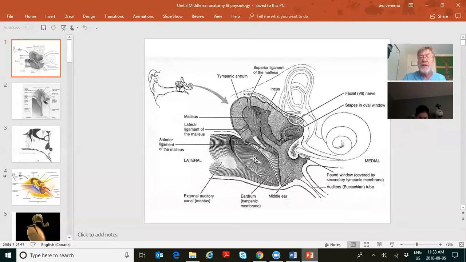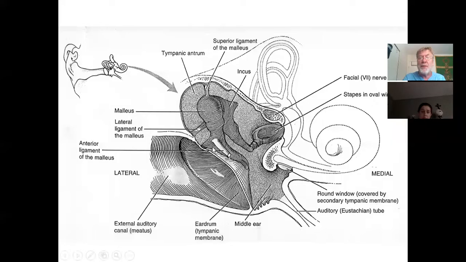Here's the picture. There's the inner lining of the eardrum. So I'm going to blow that up. So the middle ear consists of the inner layer of tissue of the drum, and the lining of the closed middle ear space. This is a mucus lining, meaning it's glistening and wet, and it's surrounded by the porous portion of the temporal bone.